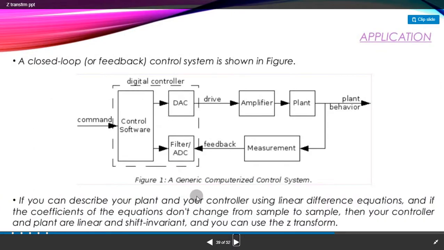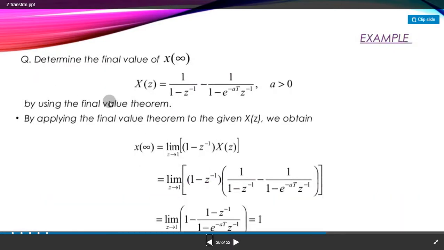Now we are going to understand what a closed loop or feedback control system is, which is shown in the figure. This is the digital controller, which is the application part. Up to this point we have discussed a specific example of how we conduct a Z transform.